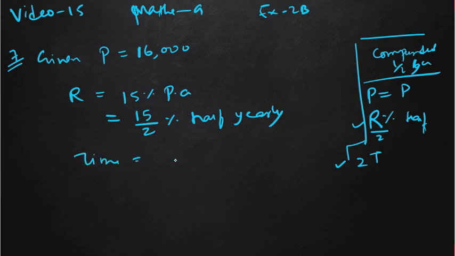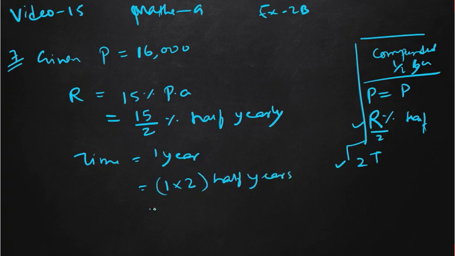Okay, and for time, time is our 1 year. This is per annum, but for half years we have to multiply it by 2. So 1 into 2, that is our 2 half years.